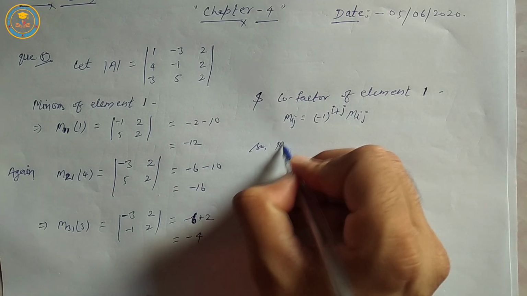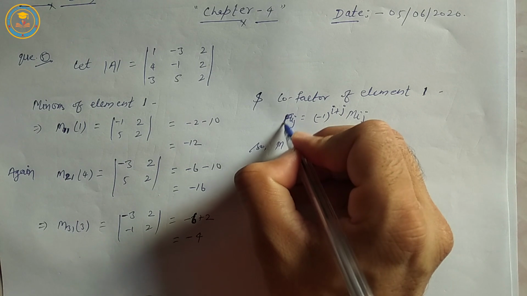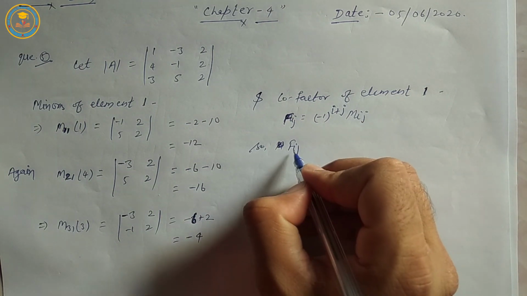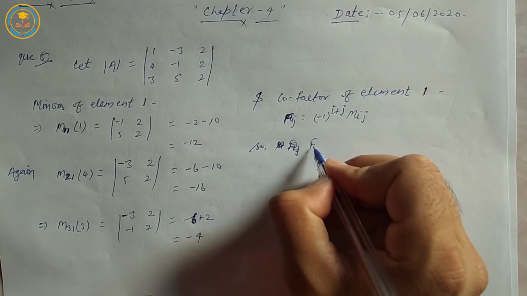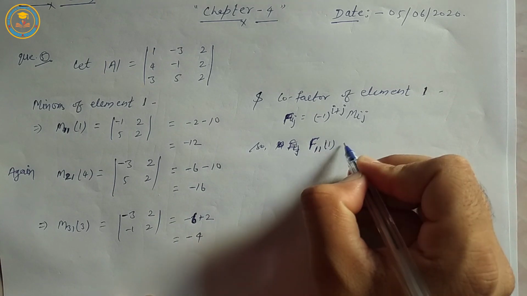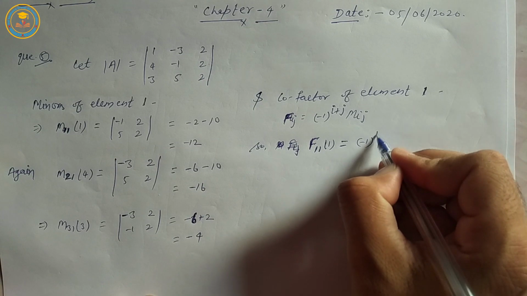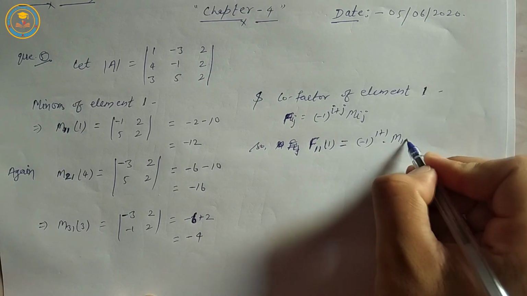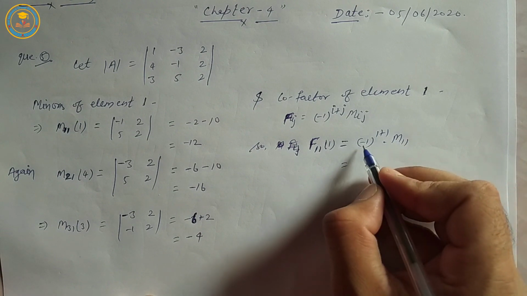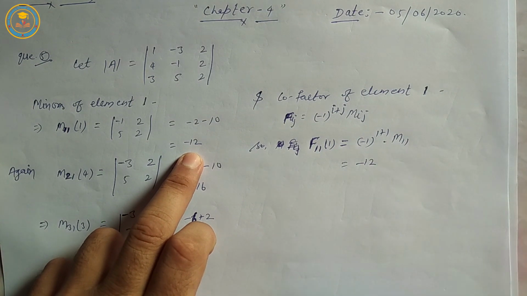So F11 is equal to minus 1 to the power 1 plus 1 into M11. Minus 1 to the power 1 plus 1, that is 2, an even number, it means plus M11, which is equal to minus 12.